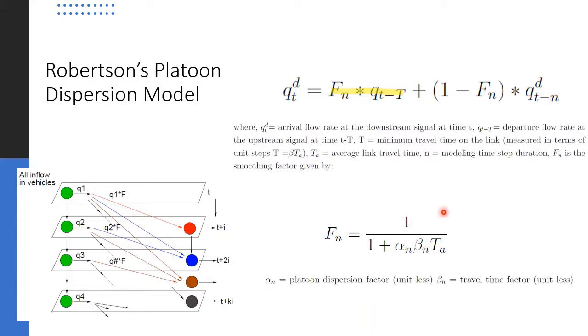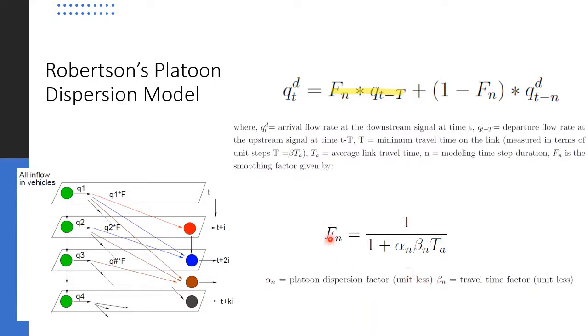Here, Fn is considered a smoothing factor, which depends upon two things. The Platoon dispersion depends upon two factors: one is based on the travel time covered, and the other on how much dispersion is taking place between the vehicles.